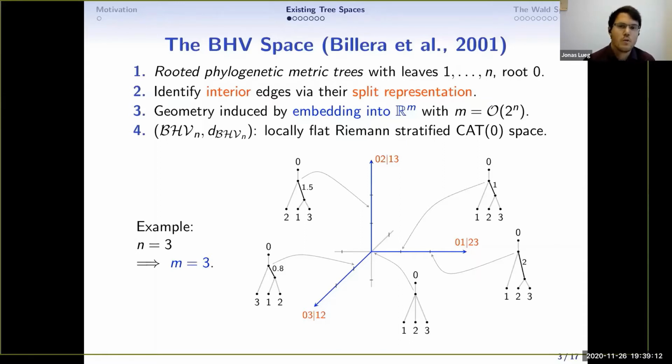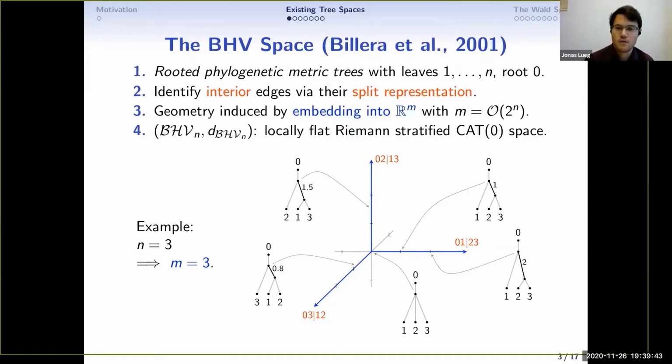And what comes out of this embedding is a locally flat Riemann stratified CAT(0) space, where locally flat just means it's locally a Euclidean space, and also has the geometry locally of a Euclidean space. Riemann stratified, you can think of a union of manifolds, where each manifold carries a Riemannian metric, and the Riemannian metrics are compatible along the boundaries of the different manifolds.